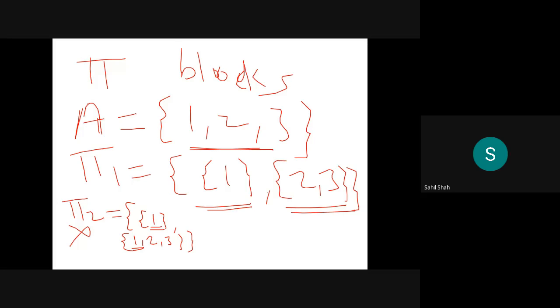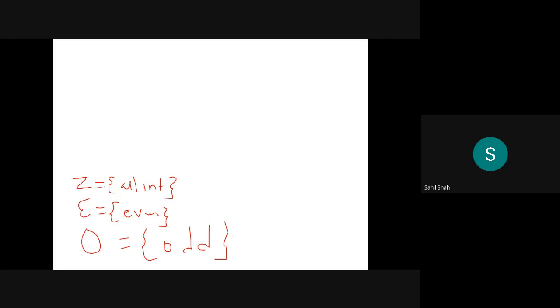So, here it is. In number theory, let us take another example. In number theory, let Z denote the set of all integers, positive as well as negative. If I define E as the set of all even integers, and let me define capital O as the set of odd integers, are E and O forming a partition?